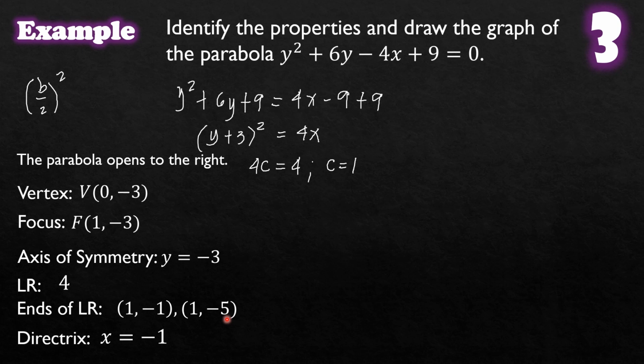The directrix will be x is equal to negative 1. That is 1 unit to the left of the vertex.